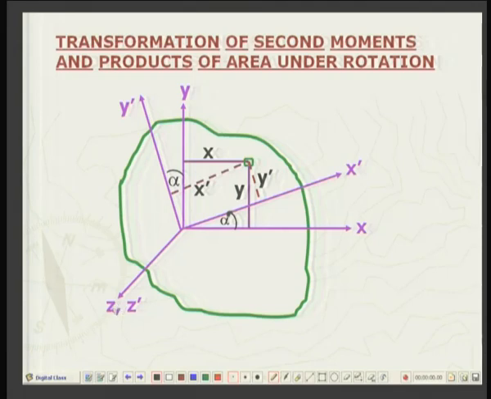So, that is why the z and z dash axes are coinciding. So, when such a rotation is given, what is the effect on the second moments of area and product of area? Can we correlate the new quantities vis-a-vis the old quantities?